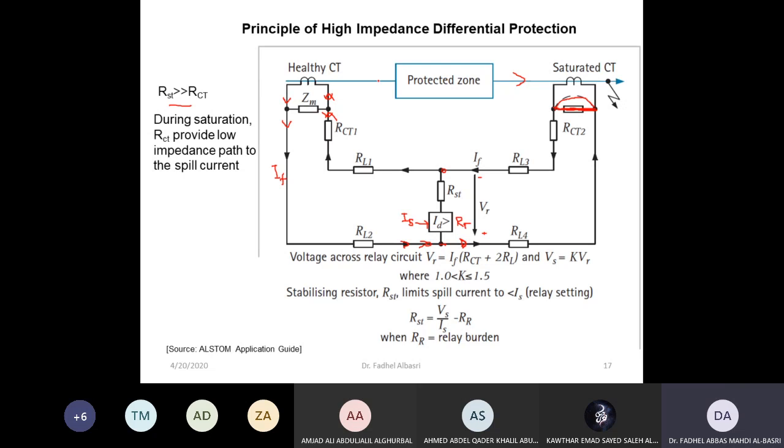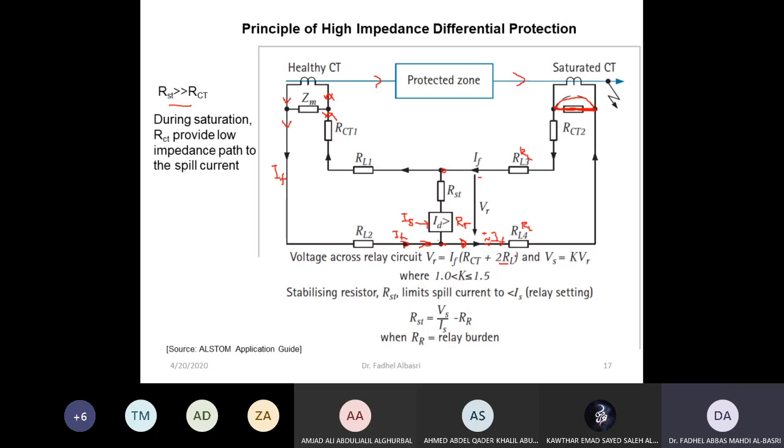This is I fault, approximately I fault, okay, times the resistance RCT plus 2RL. I'm assuming this is RL, also this is RL, which gives you the voltage across these two terminals.